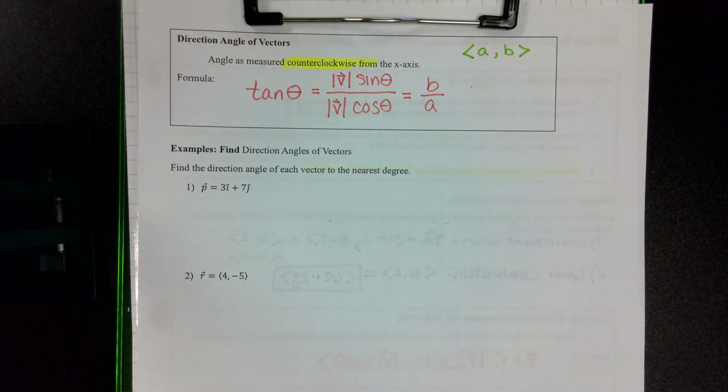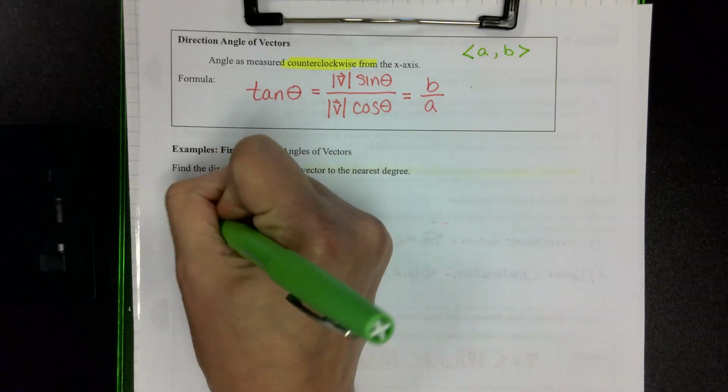There we have it. All right, so now find the direction angle of each vector to the nearest degree. I have vector P, and it's given to me as a linear combination, 3i plus 7j. First I want to write it in component form.